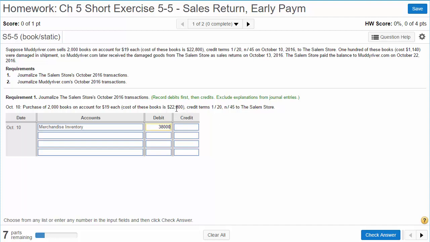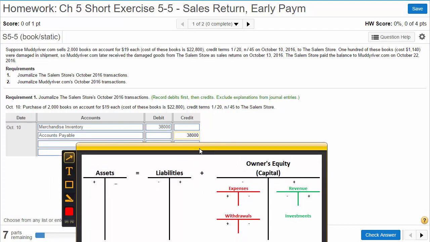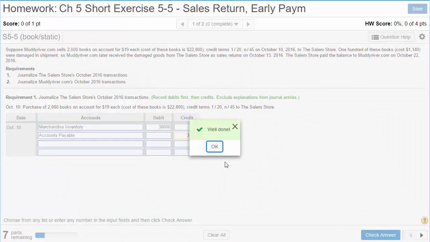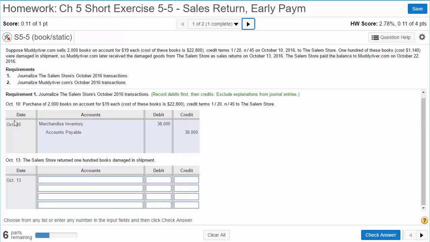So we can ignore this $22,800. All right. It says we bought them on account. So that is accounts payable. And of course, accounts payable is a liability, so that's increasing on the right side. Okay, that was on October 10th.